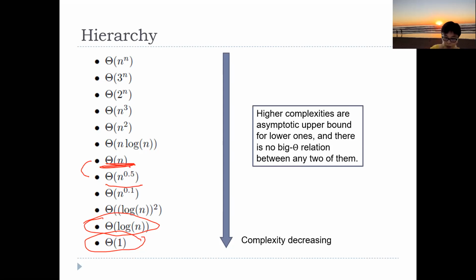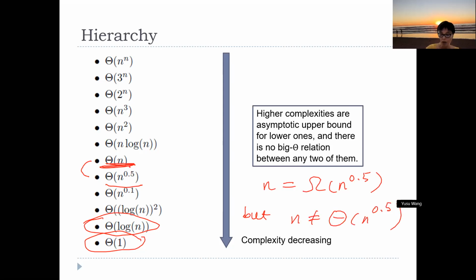Okay, so for example, function n is lower bounded by n to the power of 0.5, but n is not in the big theta of it. So as you go from bottom up, your functions become bigger and bigger asymptotically. None of two consecutive functions are asymptotically the same.